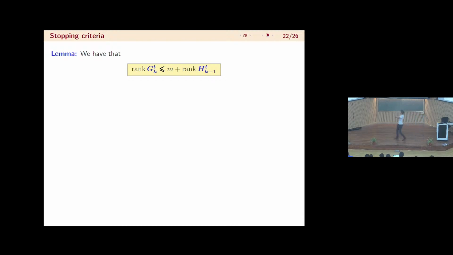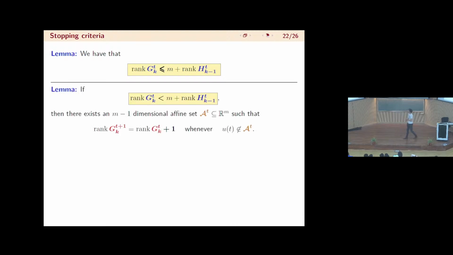Either the rank of G_k^T is strictly less than this number on the right, or it's equal to it. Right? Well, let's have a look at the first situation. So suppose that the rank of G_k^T is strictly less than the right-hand side. What did we prove? In that case, we can always increase the rank of the G_k Hankel matrix in that case.